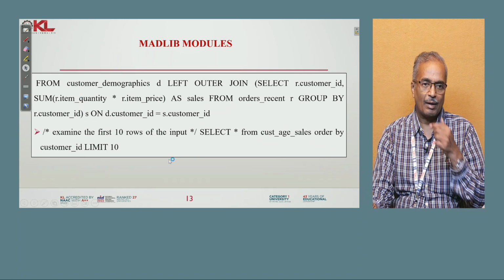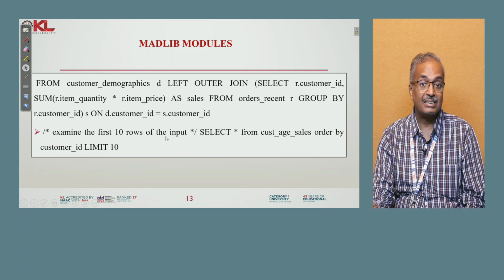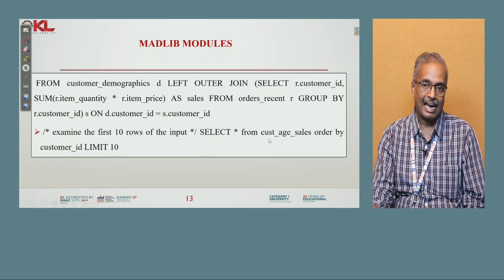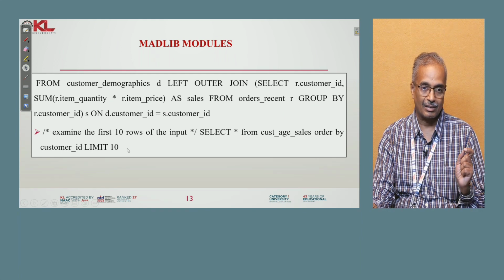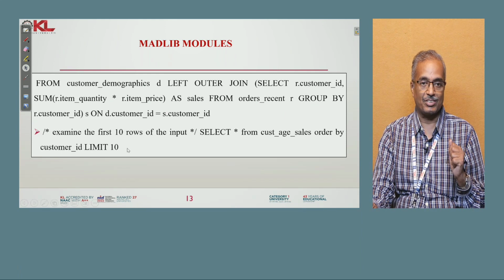After that, examine the first 10 rows of the input. How to do that? Here you are seeing, dear students: select asterisk from customer sales, order by customer ID, limit 10 records. Limit is defining the range.